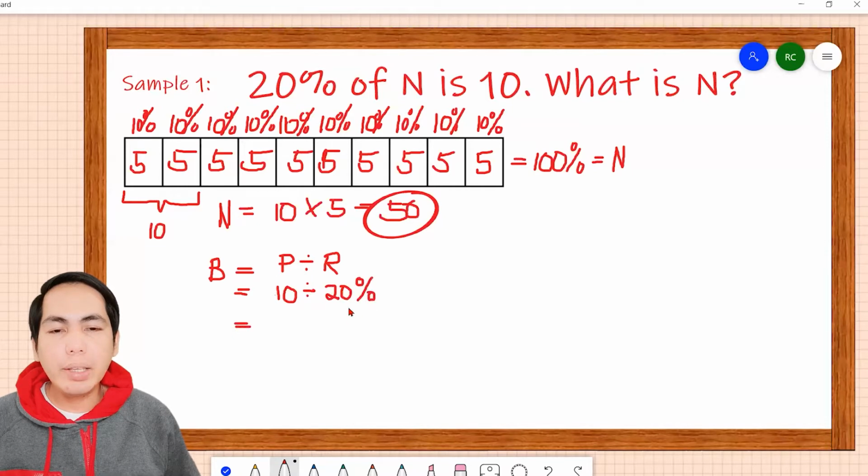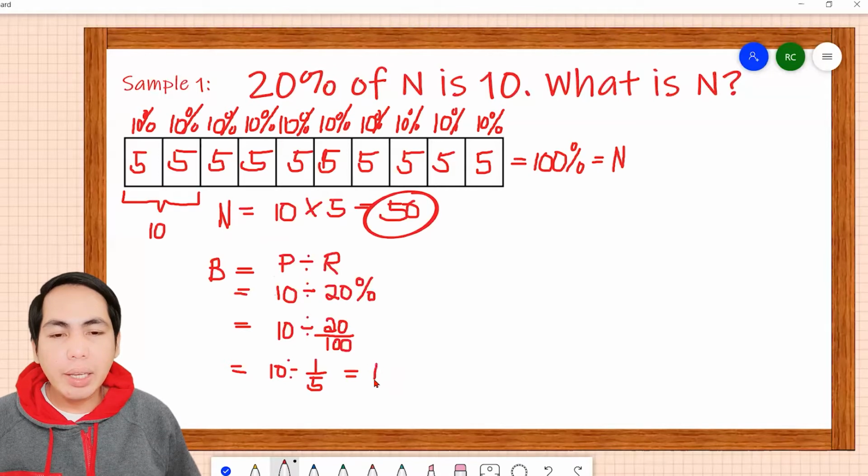And then we can change our 20% into fraction form. So 10 divided by 20 over 100, or in lowest term, we have 10 divided by 1 over 5. Since we know that in dividing fractions, we change our division sign into multiplication, but we have to take the reciprocal of our divisor.